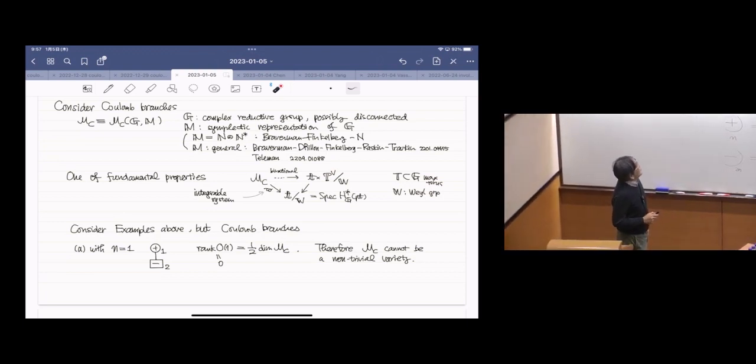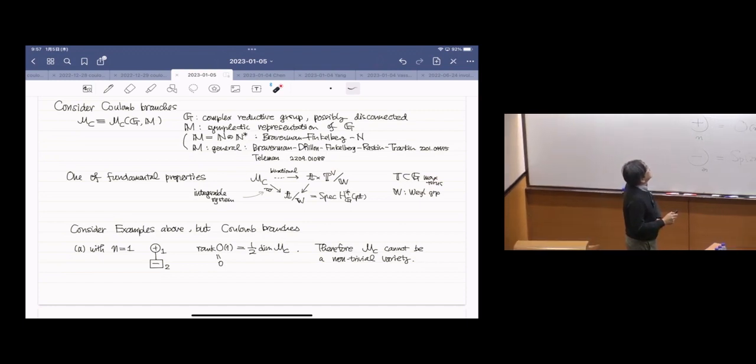The Coulomb branch has a birational isomorphism to the cotangent bundle of the dual torus divided by the Weyl group. T is the maximal torus, this is the Lie algebra of T, and T check is the dual torus. The Coulomb branch has dimension equal to twice the rank of the group.